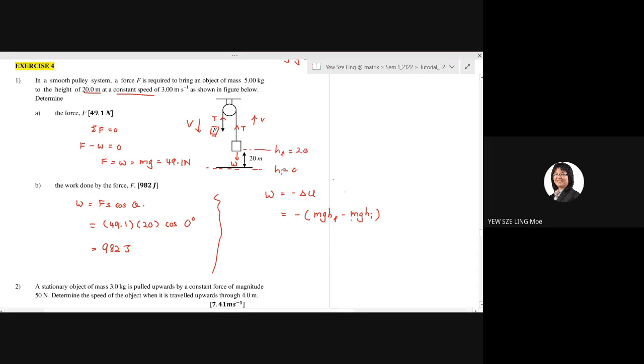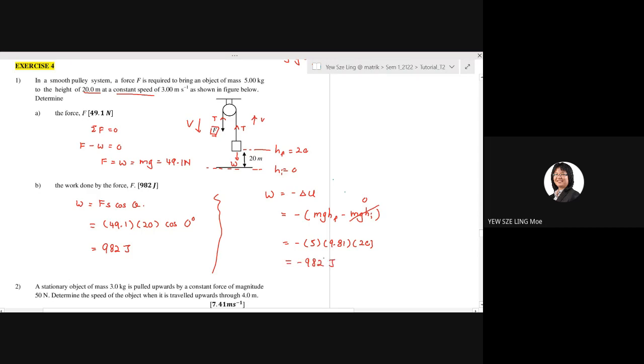Therefore, this mgh initial you can cancel out and write as 0, which then gives you negative 5 kg times 9.81 times the height of 20 meters, which gives you negative 982 joules.